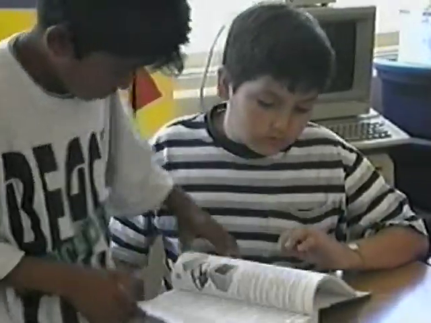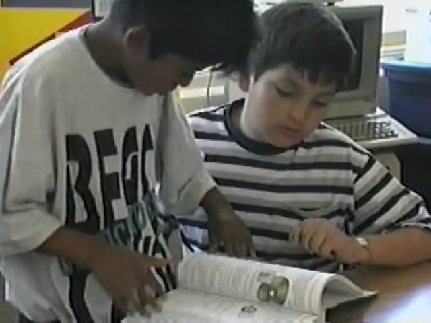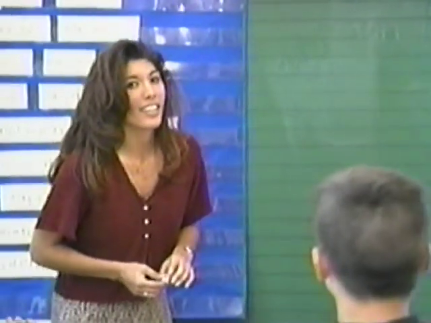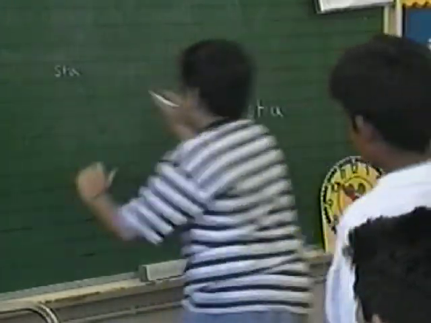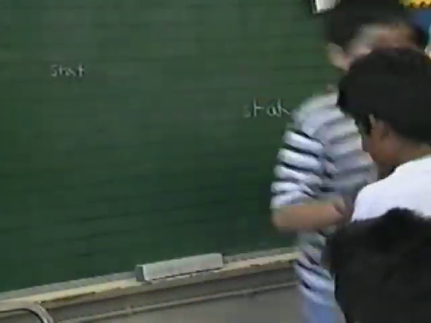Students on either team or watching in the classroom can challenge the spelling. Station, like a train station. Ready? Go. Oh, they're fast. Ooh, this is a close one. Wow.